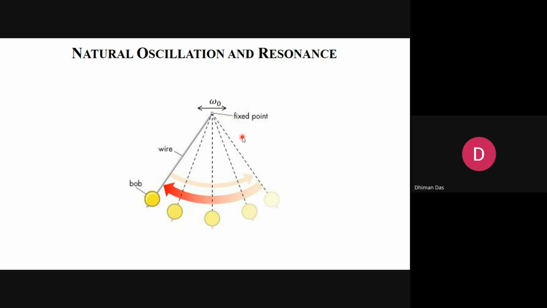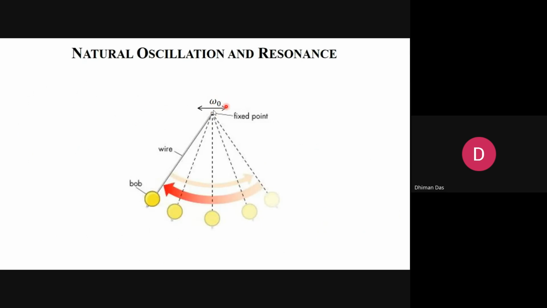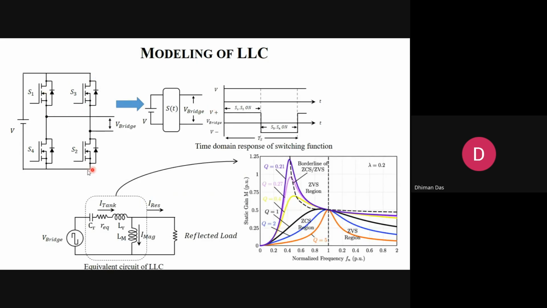Similarly, if you apply this concept to a power converter, this pushing of energy is done by a switching network, a half bridge or full bridge. If you do so, you can make the switching frequency similar to the natural frequency of the LC tank, which is 1 by 2 pi root LC.